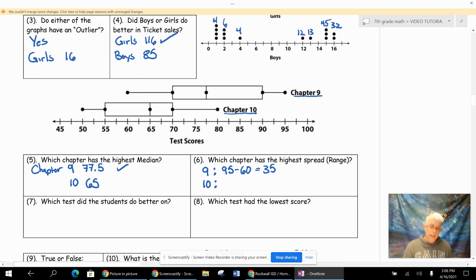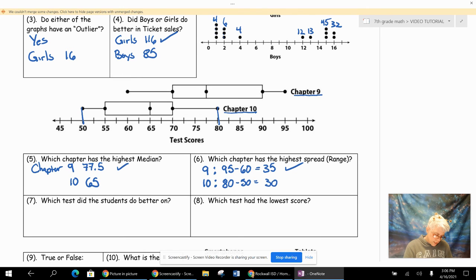Okay, chapter 10, let's look at that spread. The highest is 80. The lowest is 50. So the spread on that is 30. So it looks like 9 is the winner again. All right, which test did the students do better on? Well, if you look at the data for 9, it's skewed higher to the right, and for 10, it's skewed closer to the left.